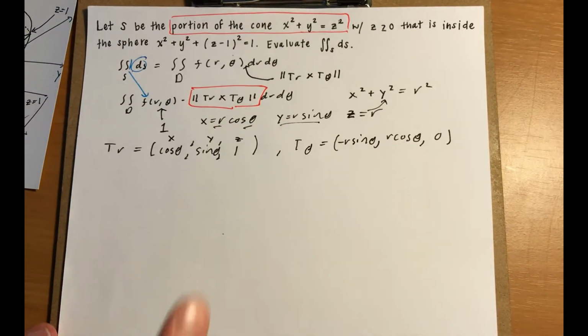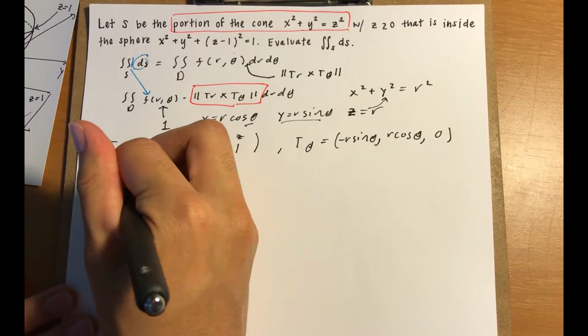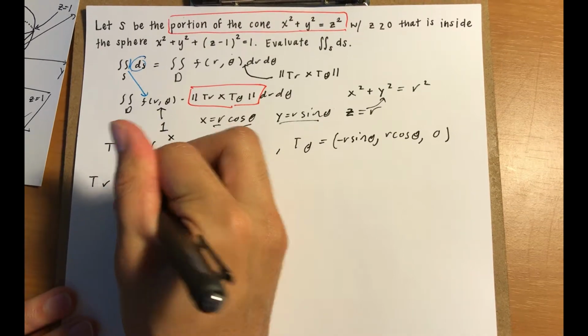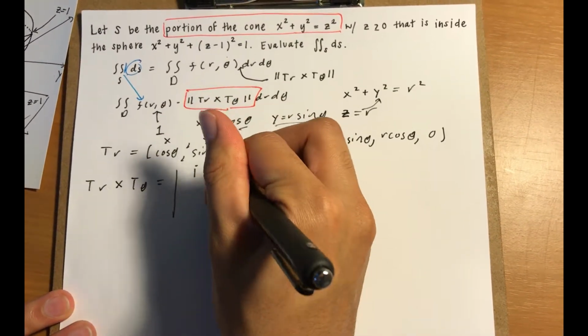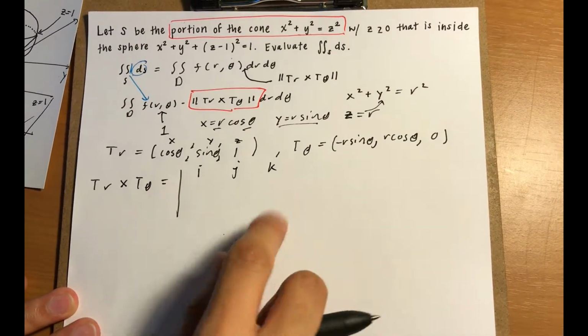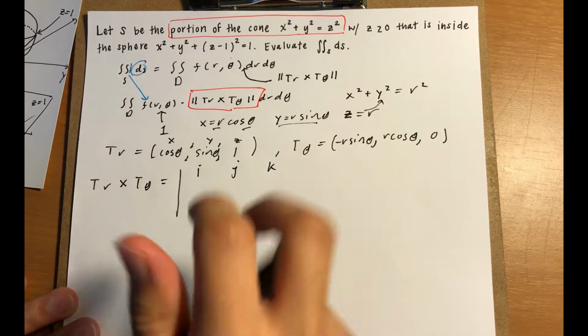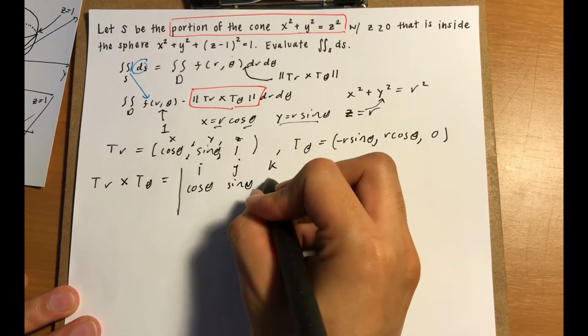Now to find the cross product, you need to find the determinant. Tangent vector r cross tangent vector theta equals the determinant with i, j, k, and now we fill in the rest. The first row is tangent vector r: cosine theta, sine theta, 1.